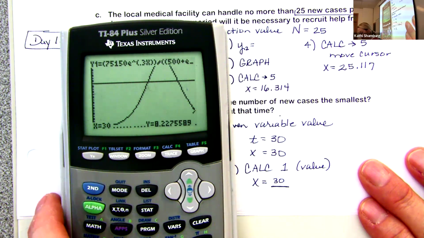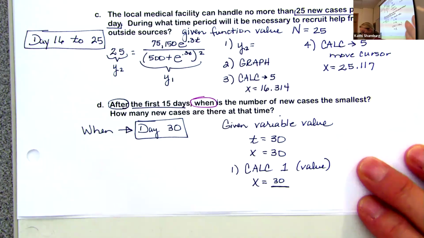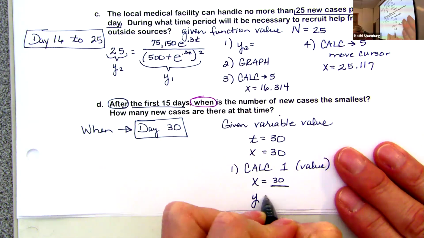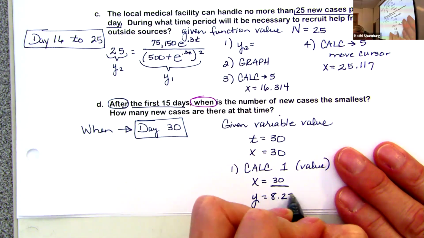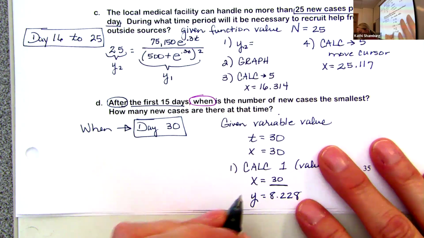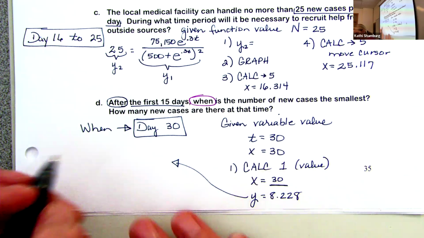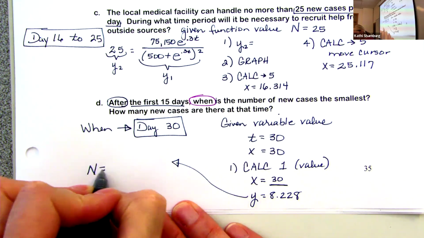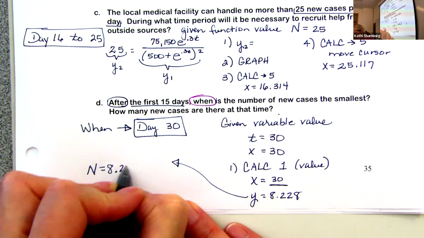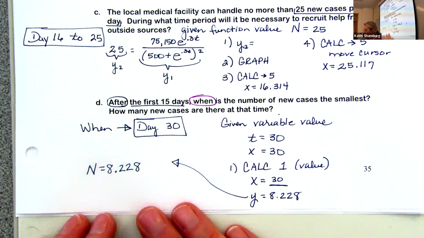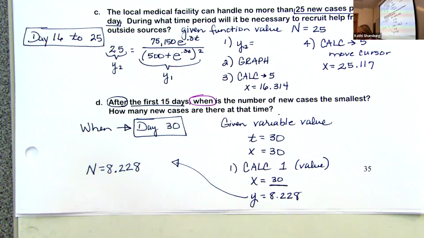So y equals 8.228. And we know that that's the function, which in this case is what? N. 8.228 what? New cases per day.